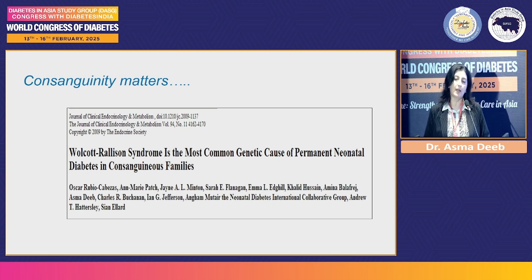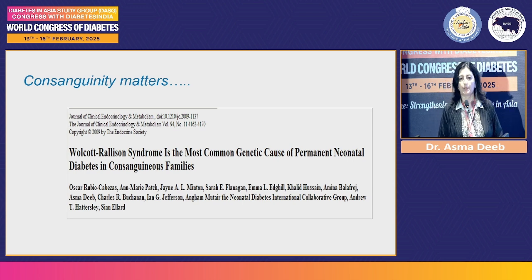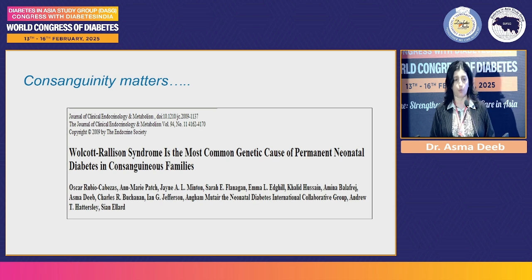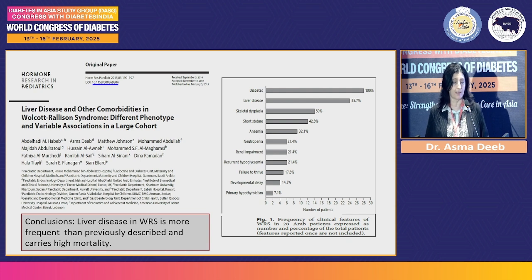We then collaborated with colleagues from Exeter and put together this paper, which highlights that Wolcott-Rallison syndrome is actually the most common cause of neonatal diabetes in consanguineous families. It's not KATP channel mutation, which is a known cause in Europe and outside.